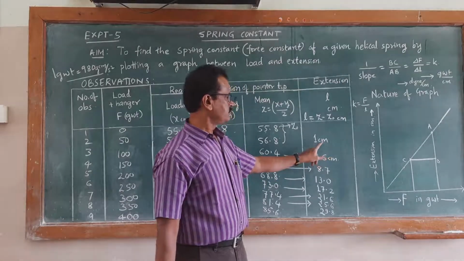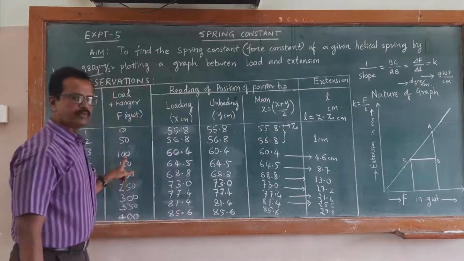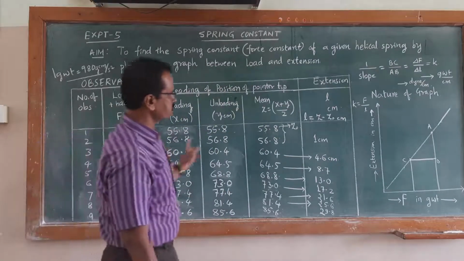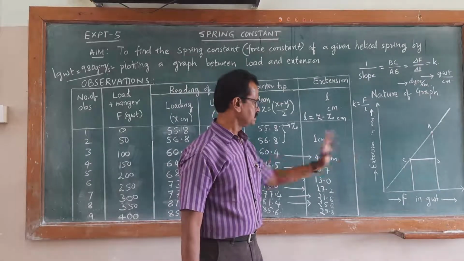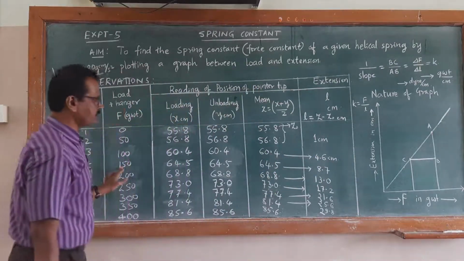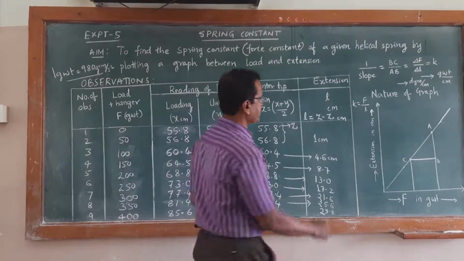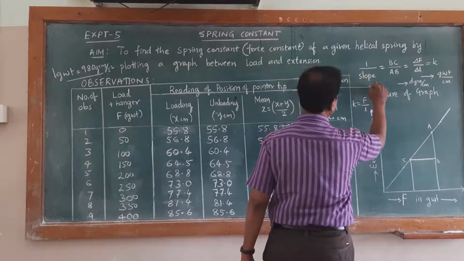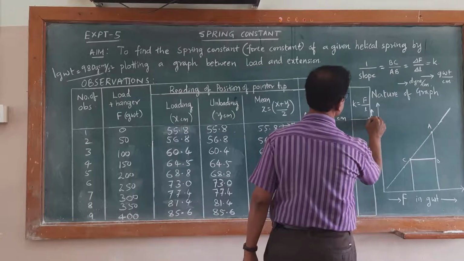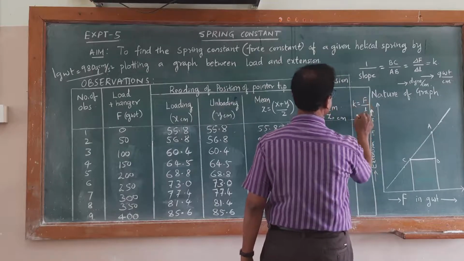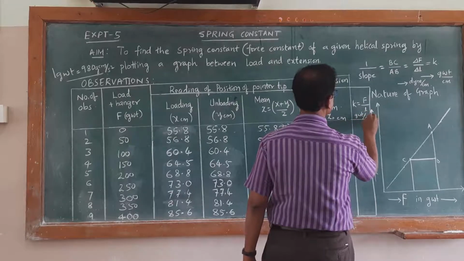It becomes 50 gram weight per centimeter. Next, 100 gram weight, corresponding extension is 4.6, so 100 gram weight divided by 4.6. Next, 150 gram weight divided by 8.7. That's how we can calculate for each value the spring constant, in gram weight per centimeter.